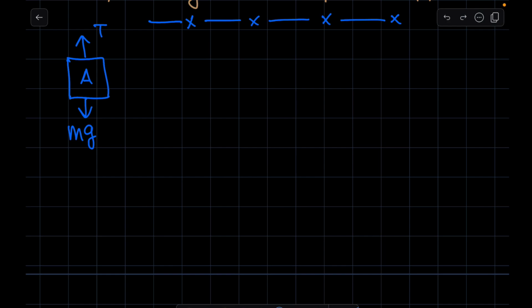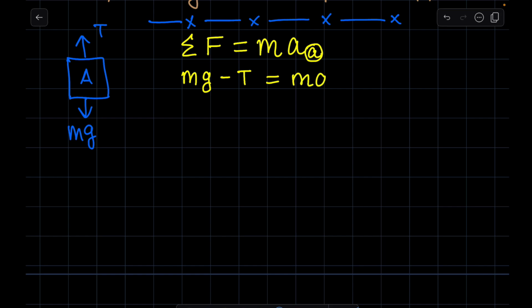Now we will solve for the body A, and since the motion is only in one direction, the vertical direction, I can write F is equal to ma, with the acceleration of the body A to be very specific. Let's write mg, which is working downward, so mg minus T is equal to m AA.